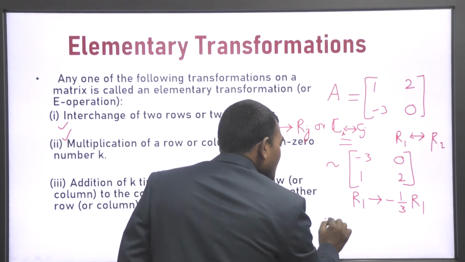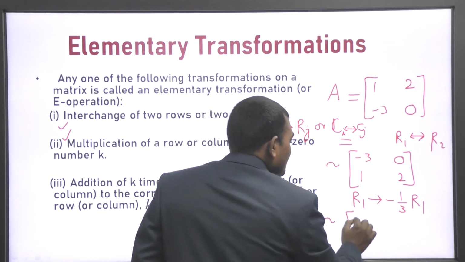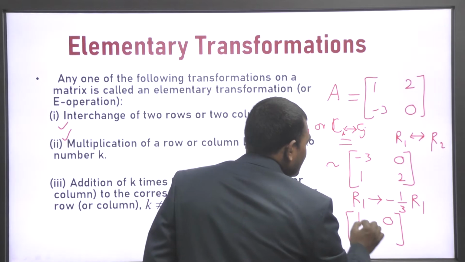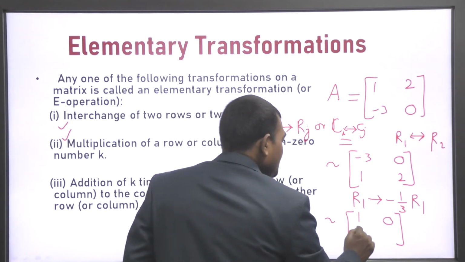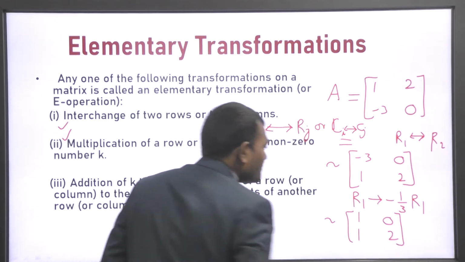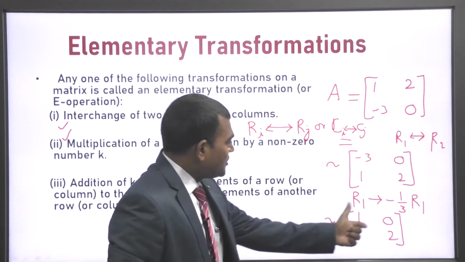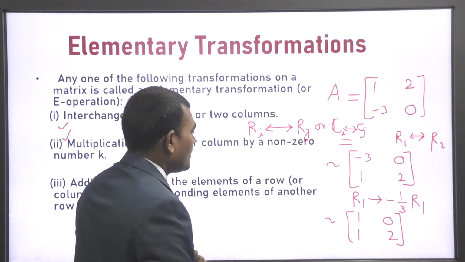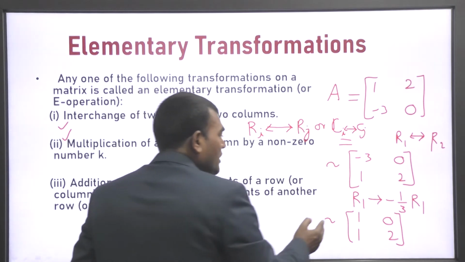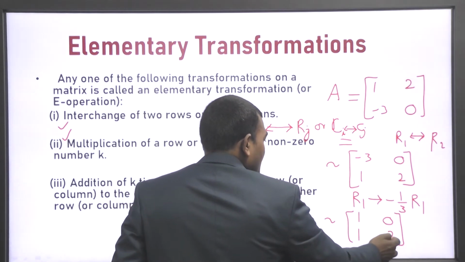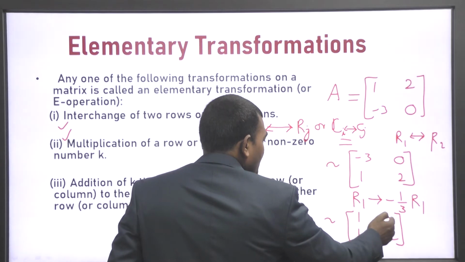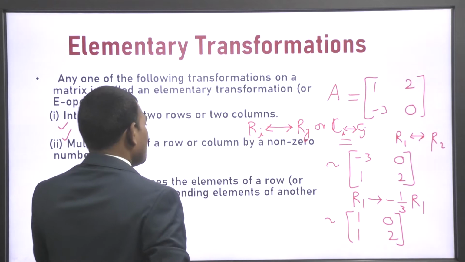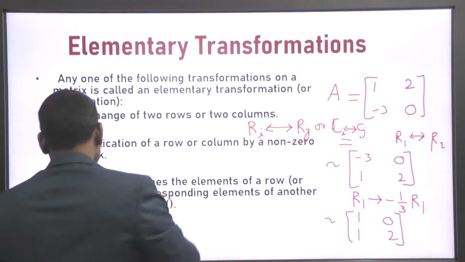Then the equivalent matrix will be 1 0 and the second row does not change, 1 2. This transformation is allowed. We can also make this element 1 by dividing by 2 in the second column. So, this is the second transformation.